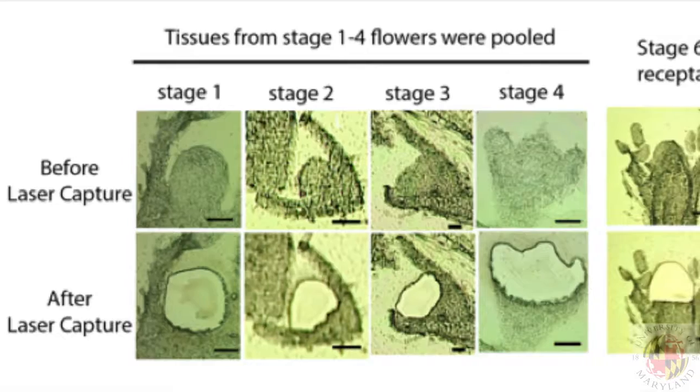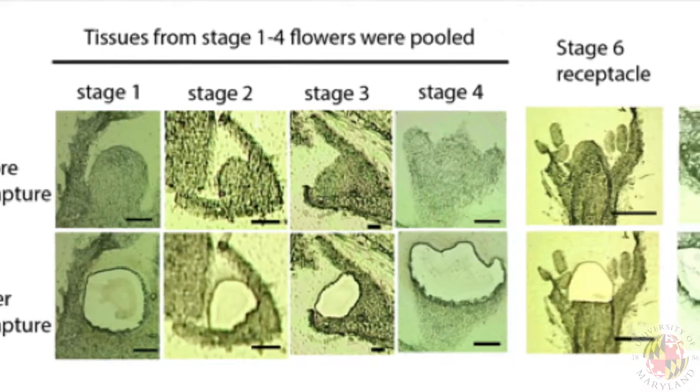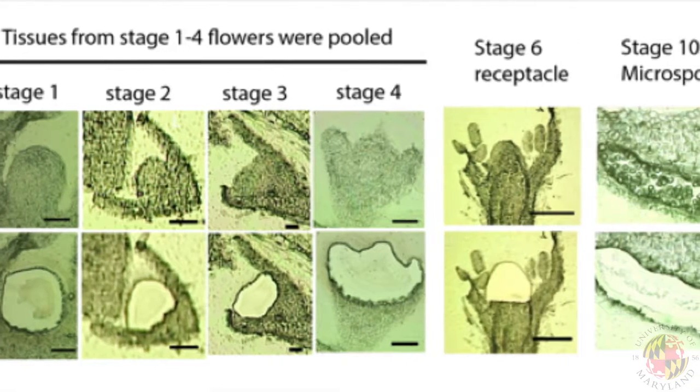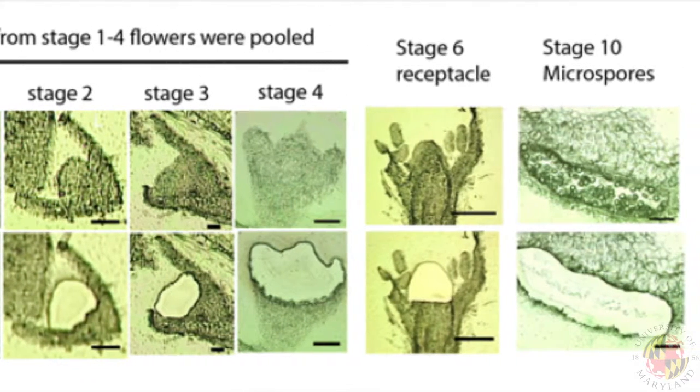So we first did a detailed descriptive study of how the flower developed and how the fruit developed, which gave us landmark events. We have at least 25 different fruit tissues and about 13 different floral tissues that we made libraries from and sequenced.